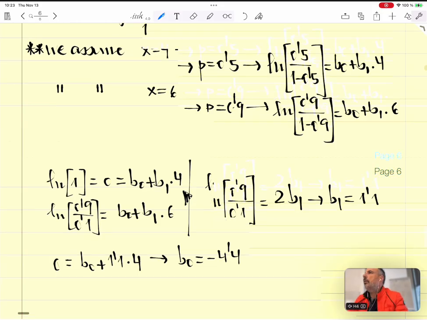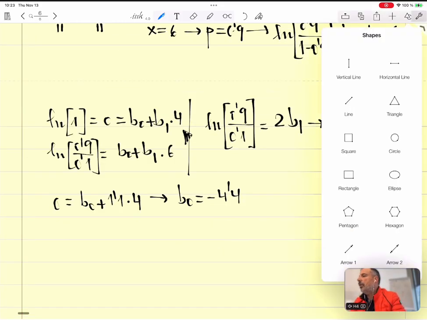Okay? So our logistic regression is going to look like this.